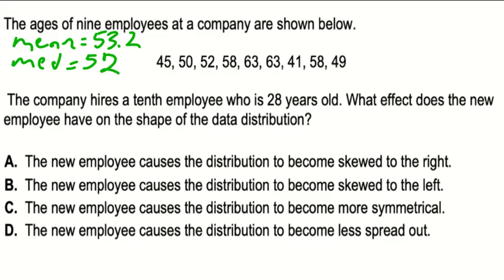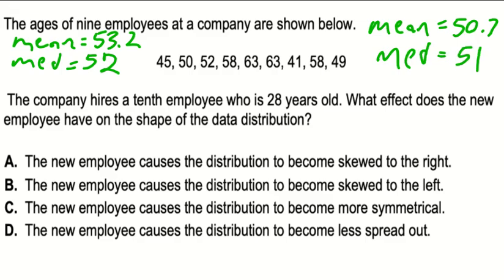All right, so then you put the 28 in, and you're going to get one variable stats again. This time, the mean is 50.7, and the median is 51. They got closer together, didn't they? So the closer they are together, the more symmetrical your data is. That is why that one would be C.